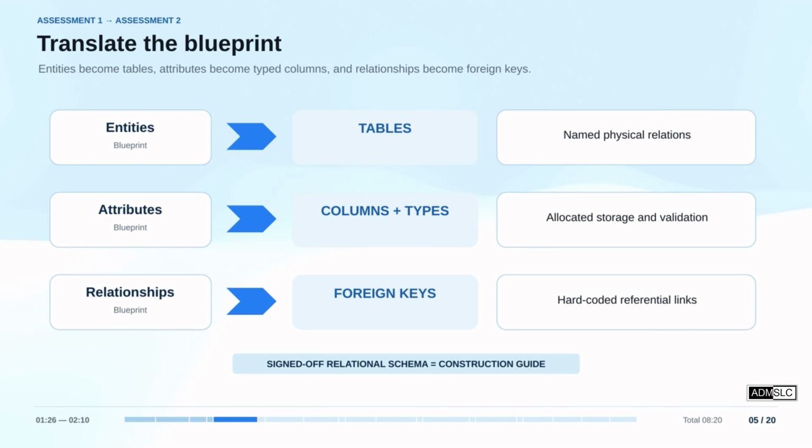You've drawn the walls, the doors, the wiring, and now it's time to pour the concrete. In database terms, those entities you drew are about to become physical tables. Your attributes will turn into specific columns with allocated memory, and those relationship lines you painstakingly mapped out will be translated into hard-coded foreign keys. We are using your final signed-off relational schemas as our exact guide for construction.